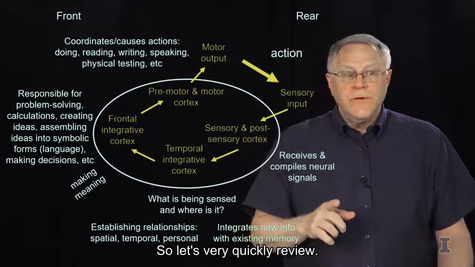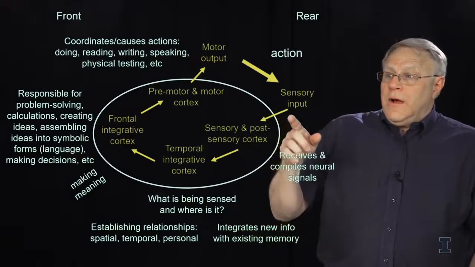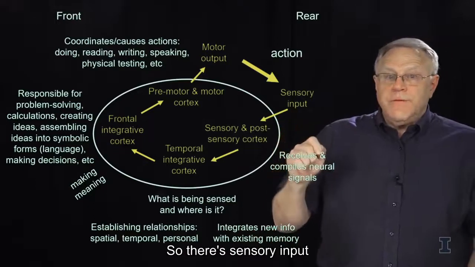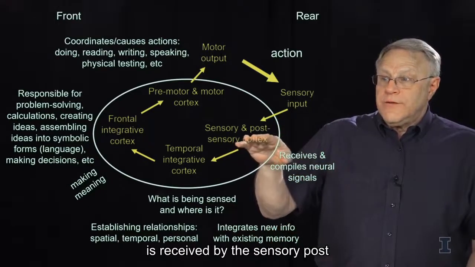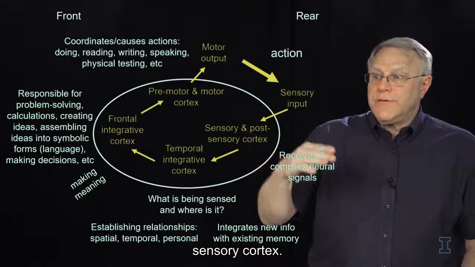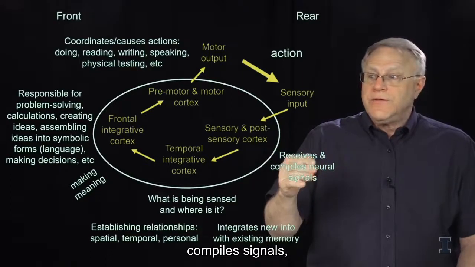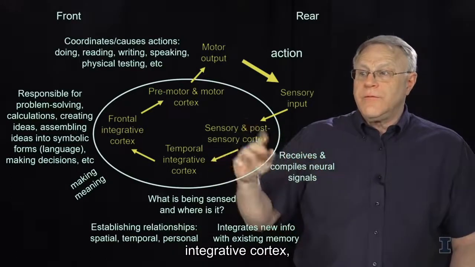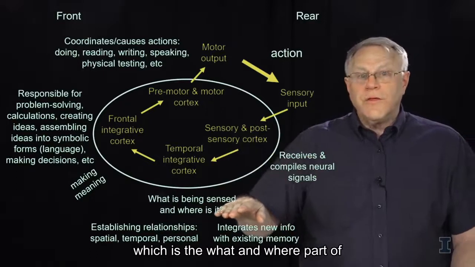So let's very quickly review. There's sensory input, which is received by the sensory and post-sensory cortex. Again, it just receives and compiles signals, and sends that information to the temporal integrative cortex, which is the what and where part of the brain.